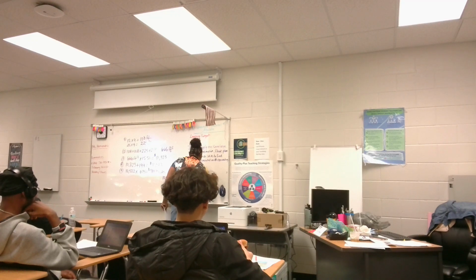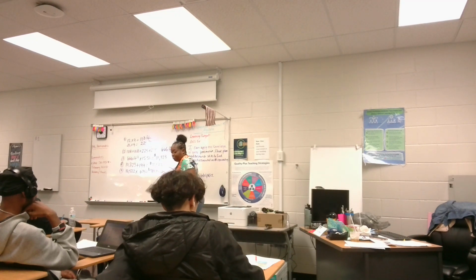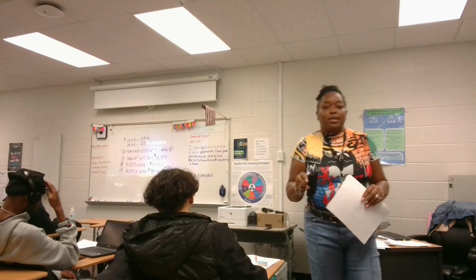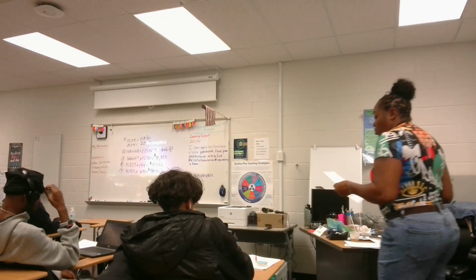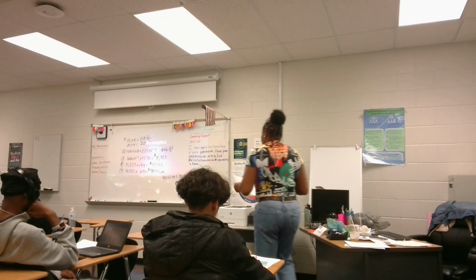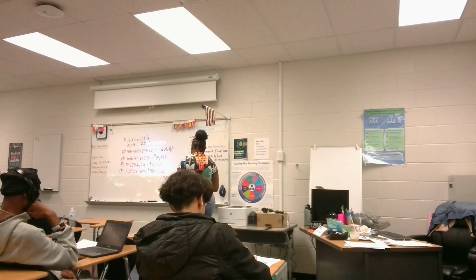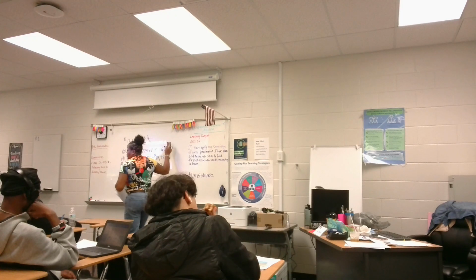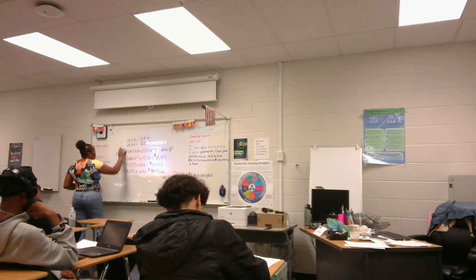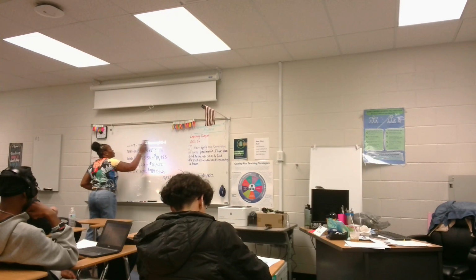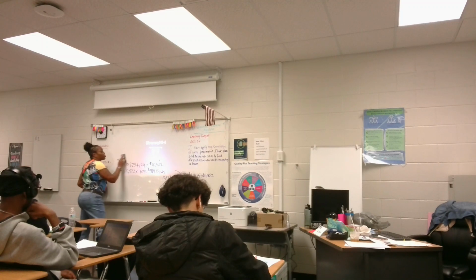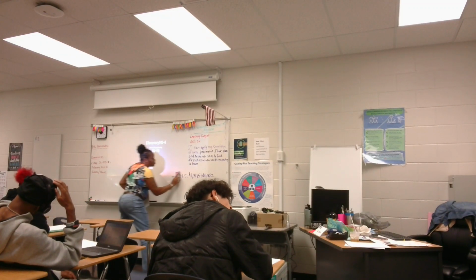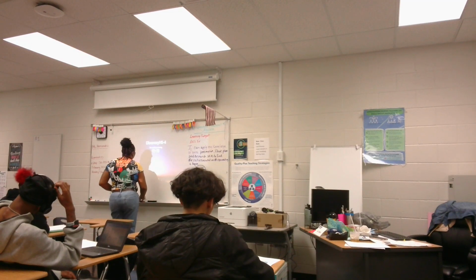Now we're gonna do example number 2 together. All right. So example number 2 says a square has a perimeter of 12 centimeters. What is the length of each side? Let me draw a square.